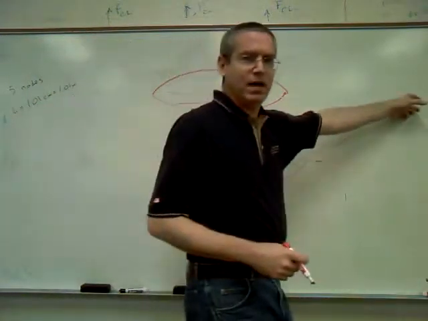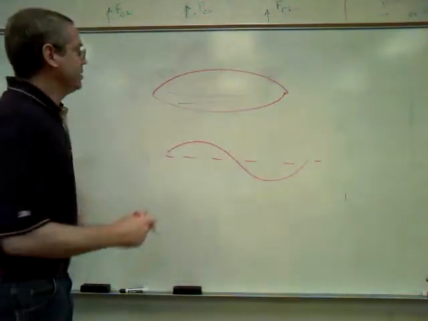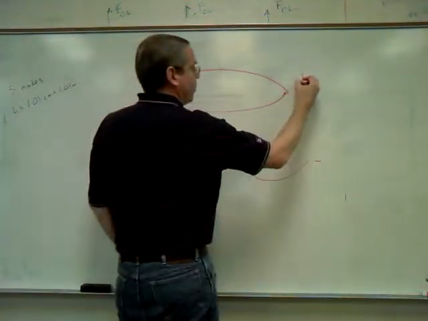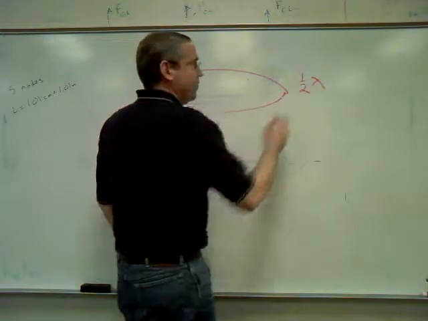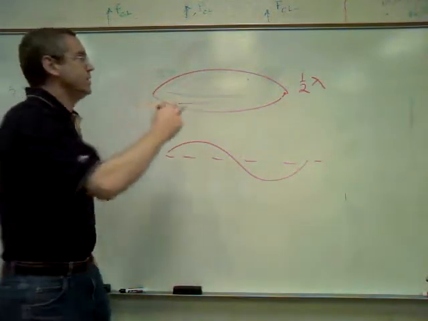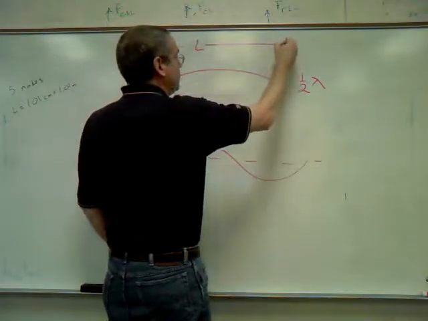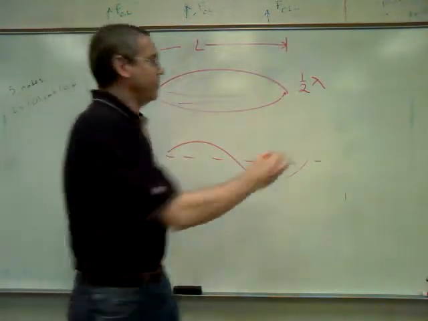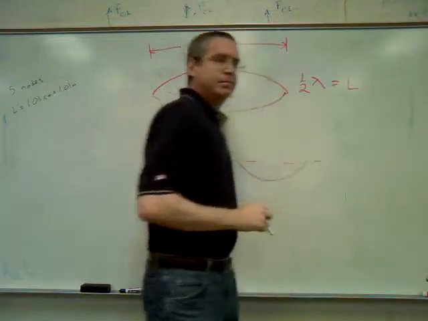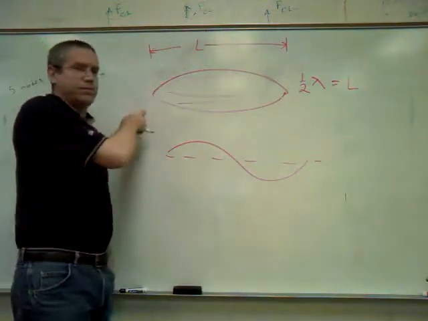There is no dip down below. And so this right here is a half a wavelength. So I've got 1/2 of a wavelength. Whatever that distance is, if this distance here is L, then L is equal to a half a wavelength. Now that's the first harmonic.